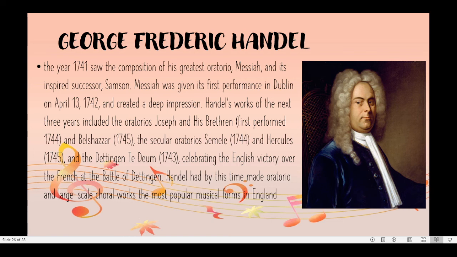There he became knowledgeable in the operatic style and achieved great success. After that, he moved to London where he became a British citizen and stayed there for the rest of his life. Handel didn't write only opera but also created oratorios and performed them in concert halls. He wrote his oratorios in English, which made them accessible to an English-speaking audience.